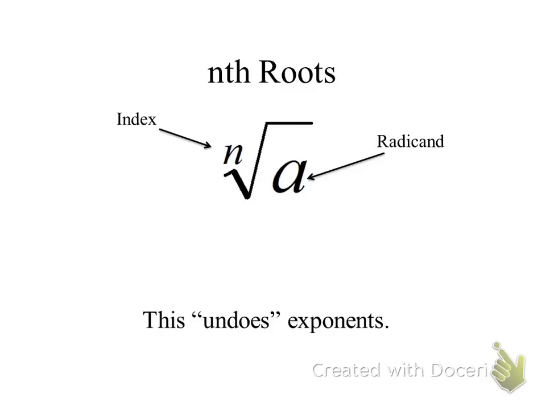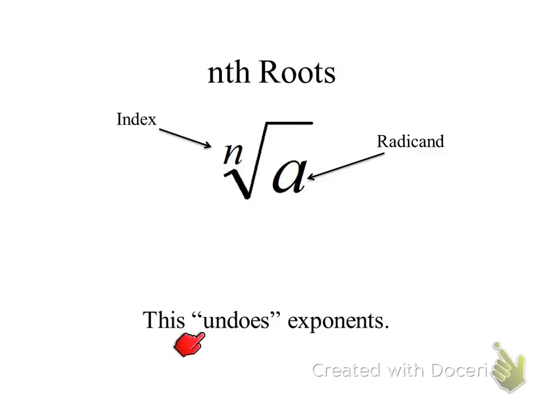Okay, we already talked about how this is one of the notations where we have an index and a radicand. The index tells us how much we need: pairs, or a group of 3, or a group of 4 underneath that radicand.